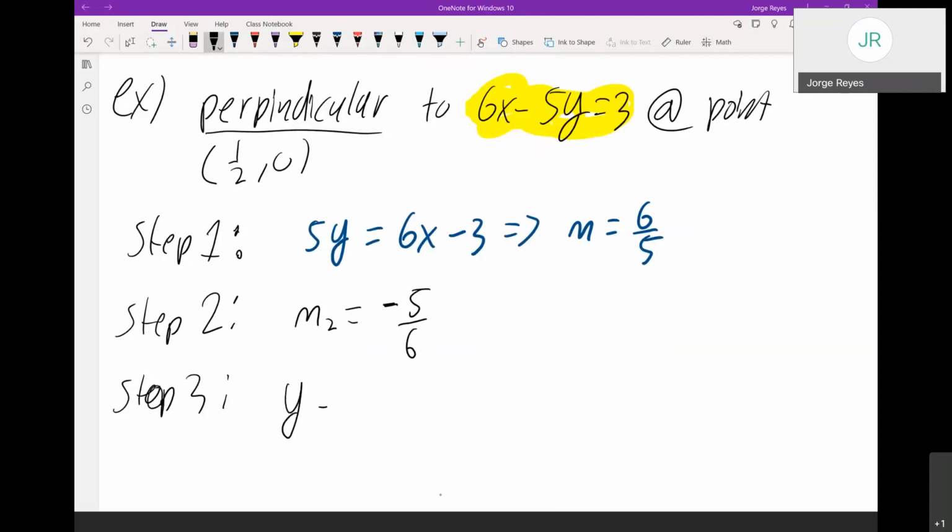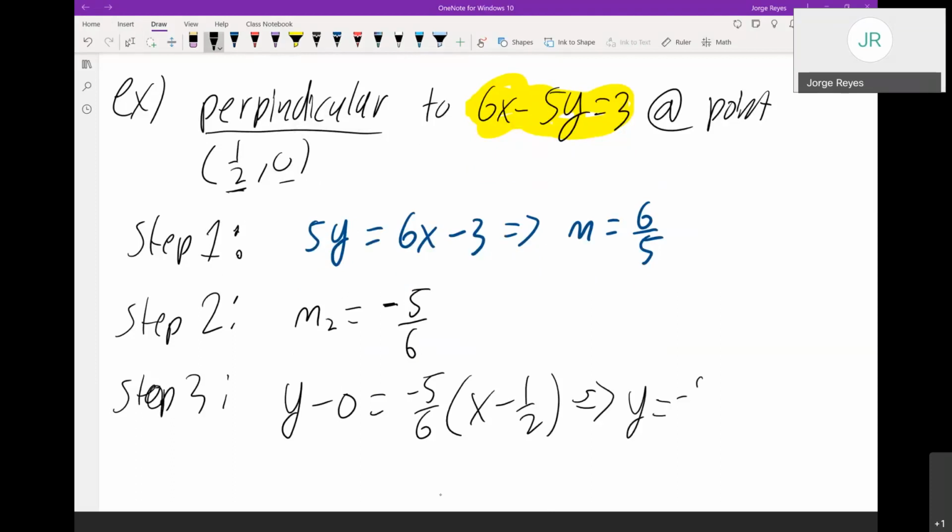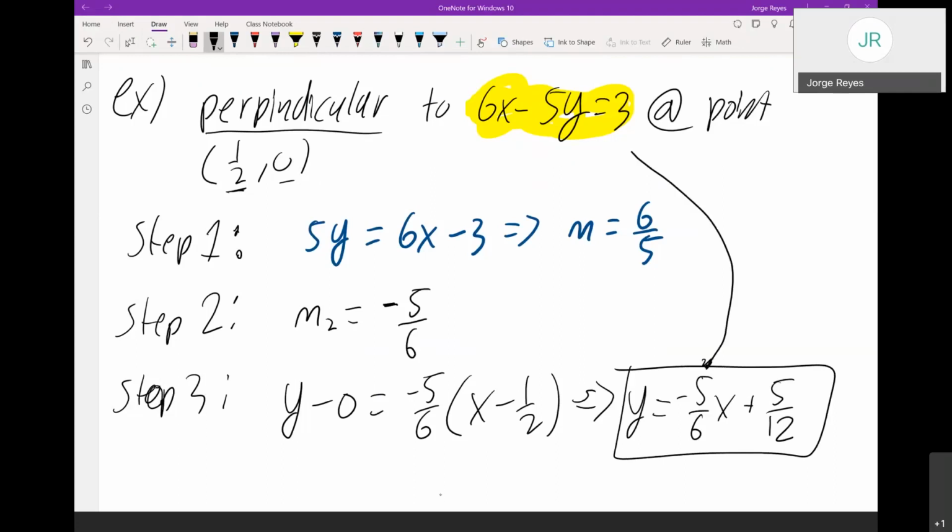So y minus 0 equals negative 5/6 times (x minus 1/2). And actually, this is already in slope-intercept form if you just distribute. So let's distribute. We're going to get positive 5/12. Ta-da! Okay, so this line is perpendicular to this line at this point.